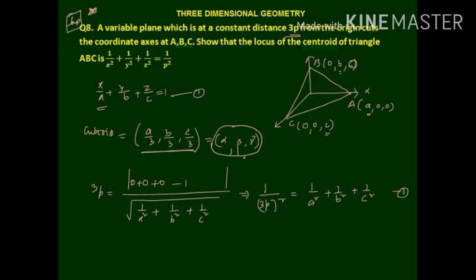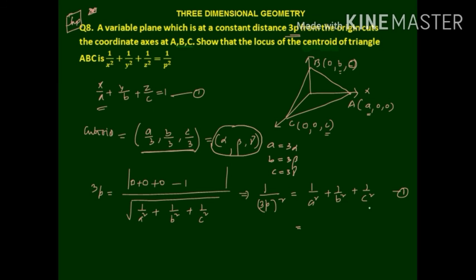So now from here what you can see is alpha equal to a/3, beta equal to b/3 and gamma equal to c/3. Okay. So now if you compare, what will be the value of a? It is 3 alpha. b equals 3 beta, c equals 3 gamma.